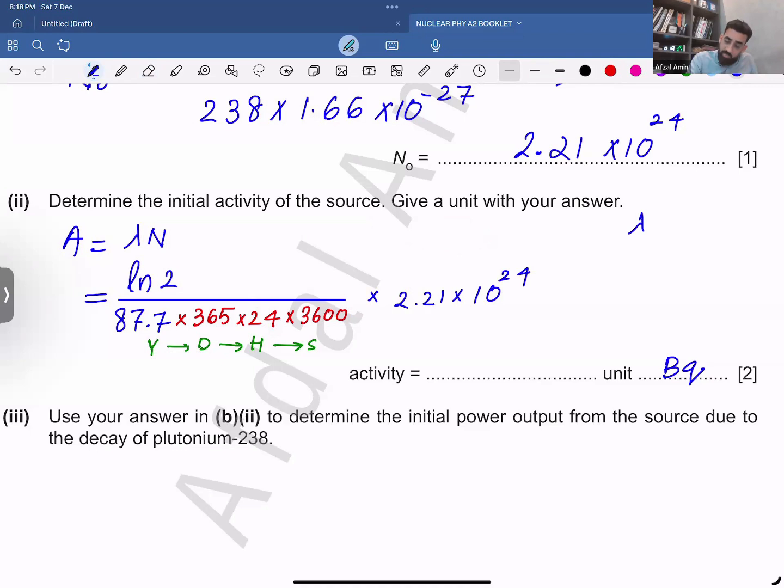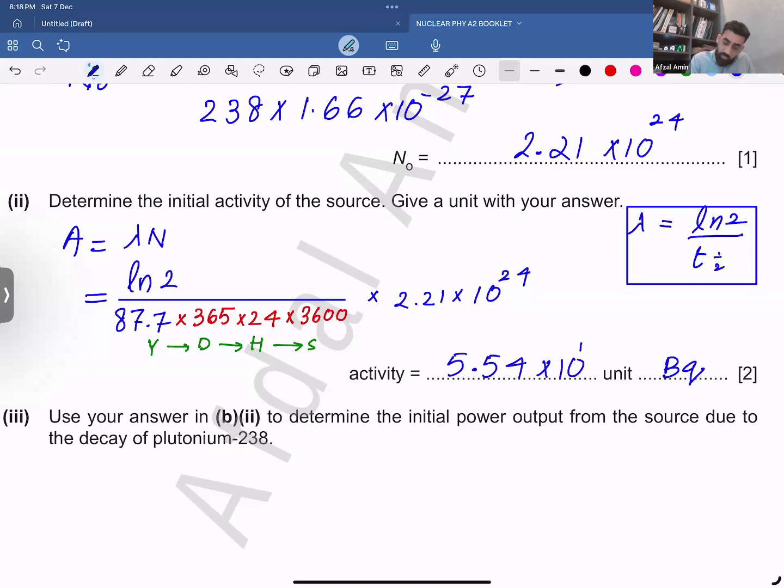We first used lambda equals ln 2 over half-life. Calculate, my dear students. Again, I kept three significant figures because the question values were three significant figures.